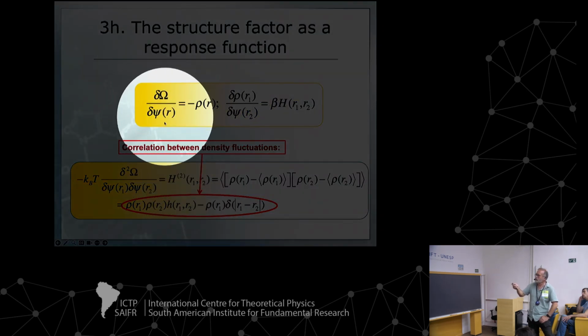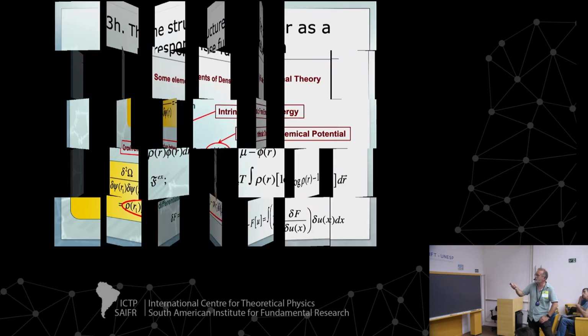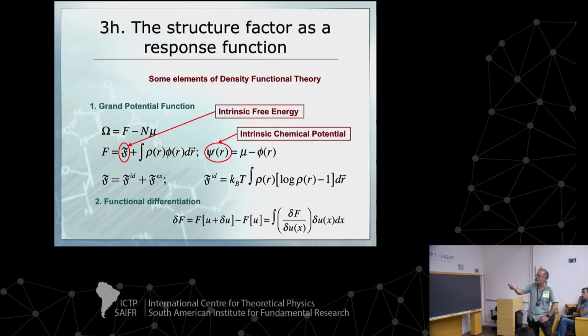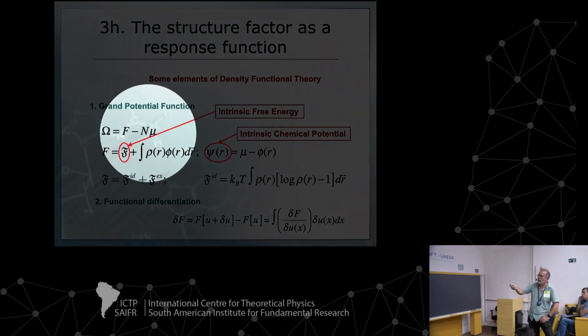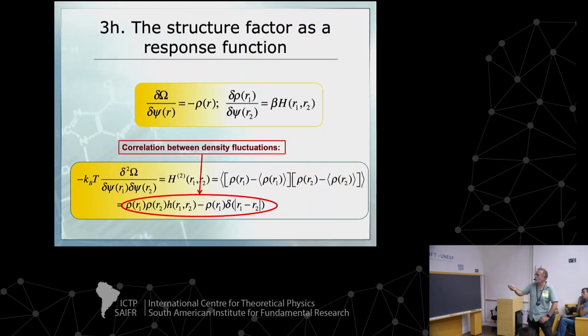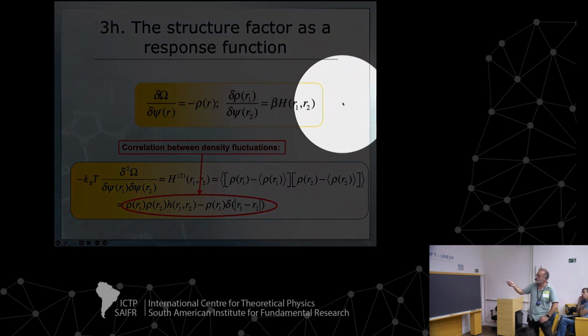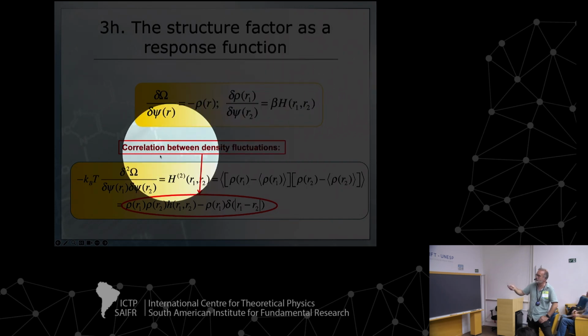If you perform the functional differentiation of the grand potential, which was defined here as the free energy minus n times the chemical potential, you end up with the density. If you perform the differentiation with respect to psi, the potential, you end up with this function h.